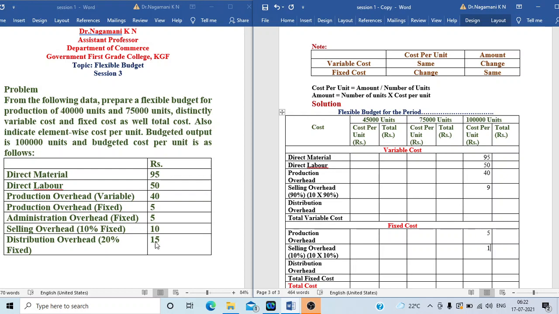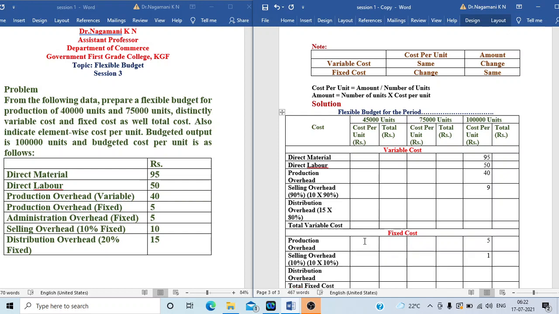Then after selling overhead, distribution overhead 20% is fixed and the remaining 80% is variable, and cost per unit is 15. 15 into variable is 80%. Now 15 into 80% is 12, which is the cost per unit for variable cost.